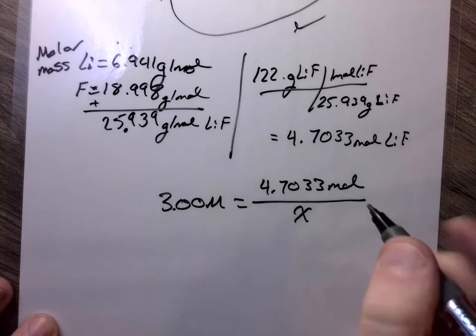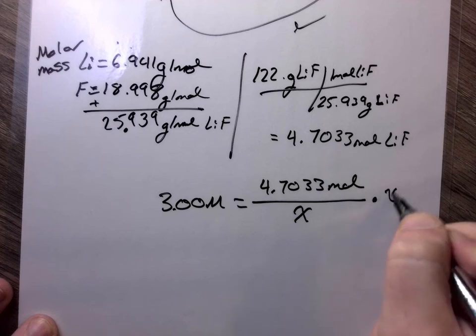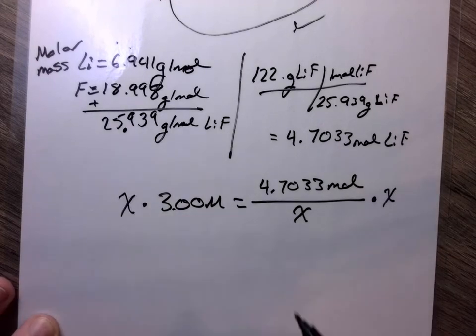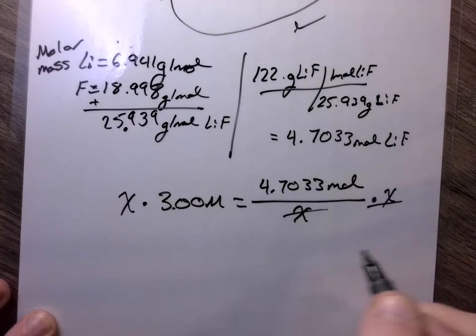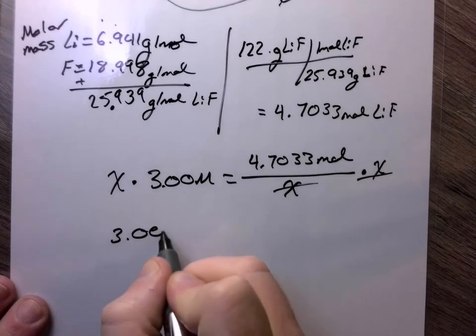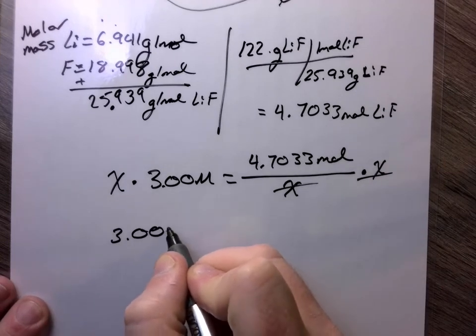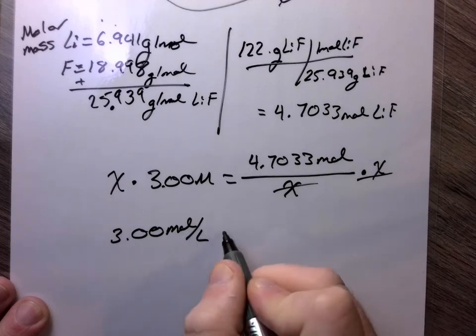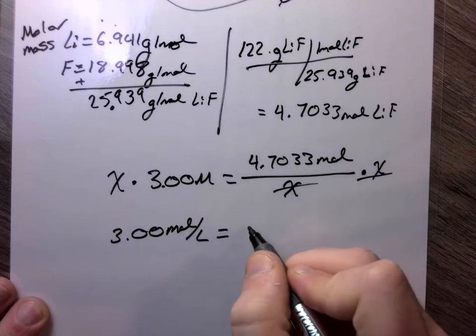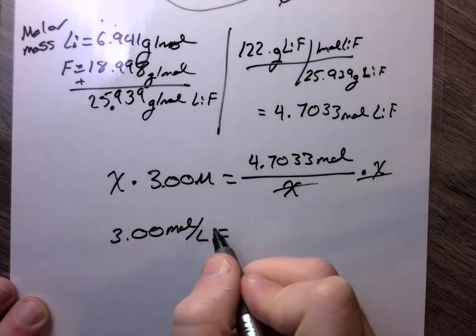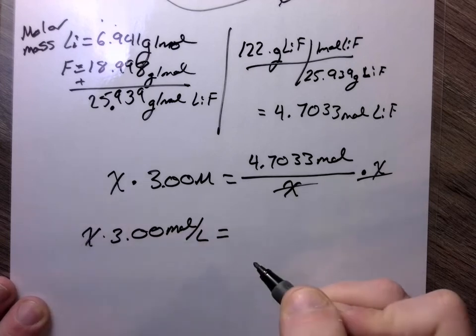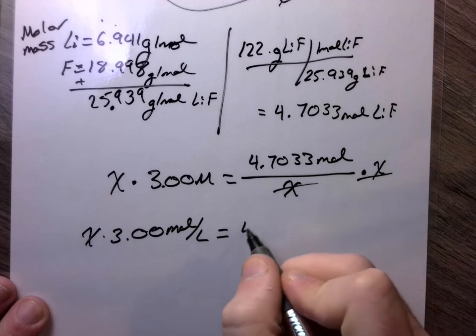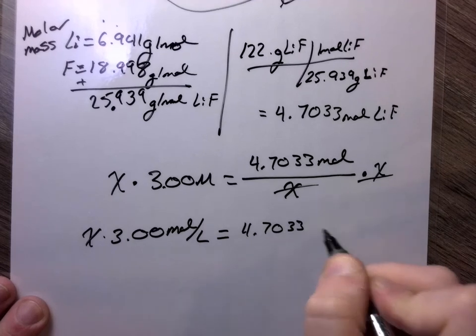To do that, I'm going to multiply both sides by X. Now I've got 3.00 mole per liter, X times 3.00 moles per liter equal to 4.7033 moles.